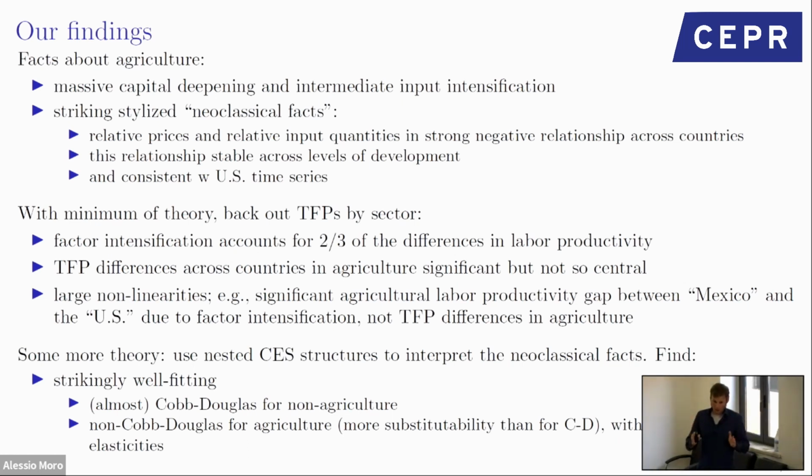I think we can learn something from it, because one thing that comes out of our exercise is that the labor productivity differences in agriculture are enormously big, but this doesn't necessarily have to come from TFP differences in agriculture. It's just a symptom, and the underlying source is, according to our result, a different sector, which is producing capital goods and fertilizer.